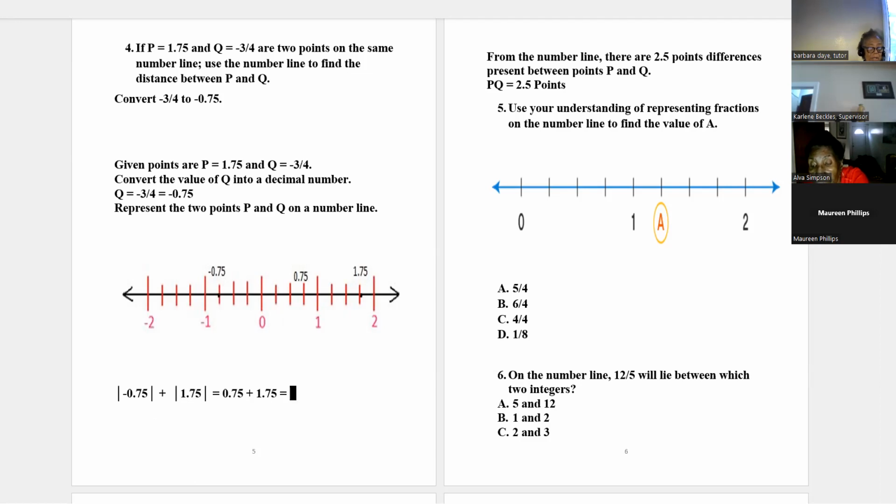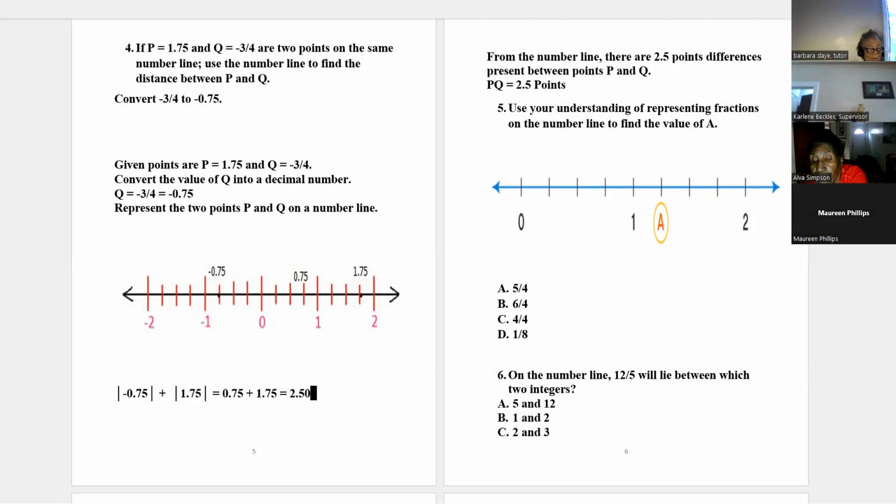What's 0.75 plus 1.75? 0.75 added to 1.75, what do you get? That's 2.50. Yes, very good.